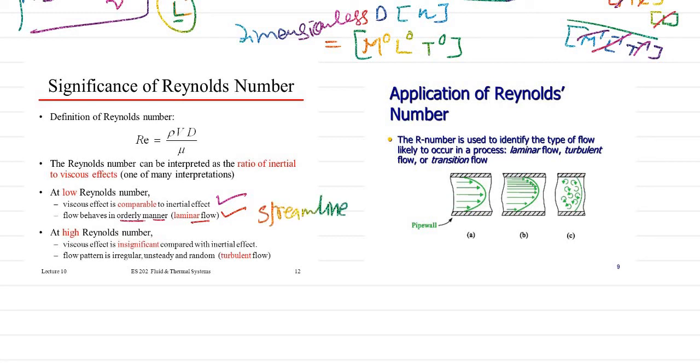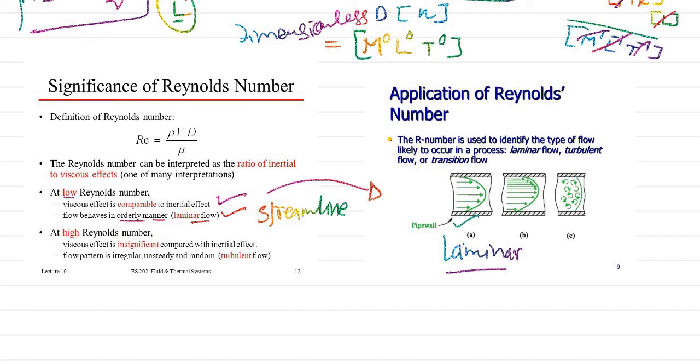Okay. Now, here you can see what the streamline flow actually is. The first case is the streamline flow, or laminar flow. The second is the turbulent flow, or transition flow, B and C. So if you want laminar flow from any liquid, it must have a low Reynolds number, or vice versa, if you have a low Reynolds number, we can expect laminar flow.